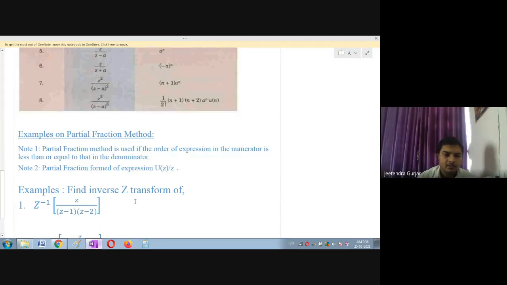So the denominator order is more, and the numerator order is less, then we can use this partial fraction. Also please remember note 2: the expression you are getting is U of z, and it must be written as U of z divided by z. Then only we can simplify this partial fraction, students.